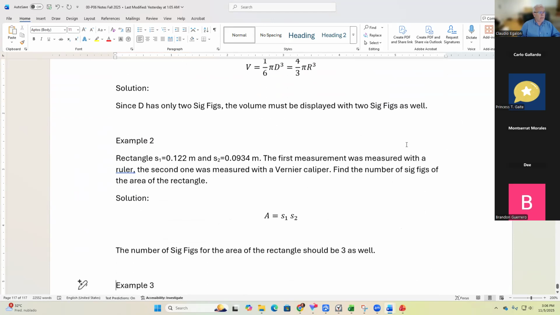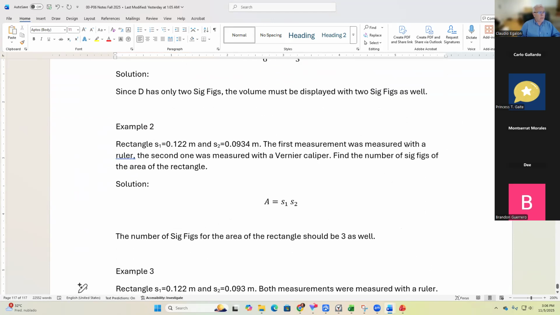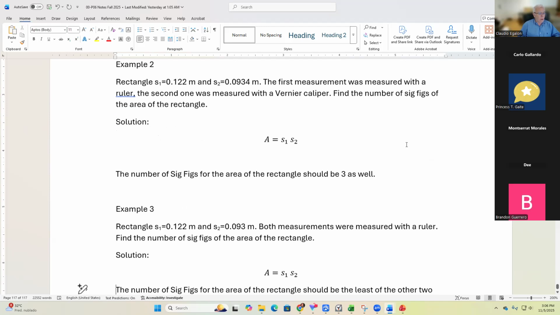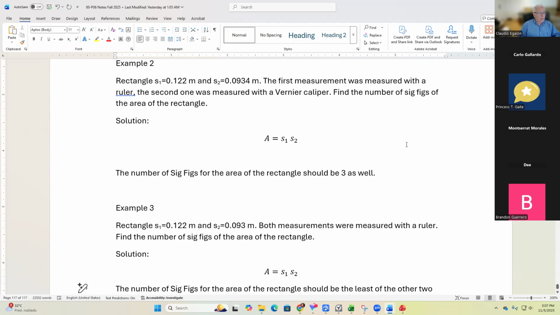In the second case, I have a rectangle that's being measured. One side is measured with a ruler, the other side with a vernier caliper. In both cases, each side has 3 significant figures. Consequently, the area must have 3 significant figures as well. In the third case, both sides of the same rectangle are measured with the ruler only.